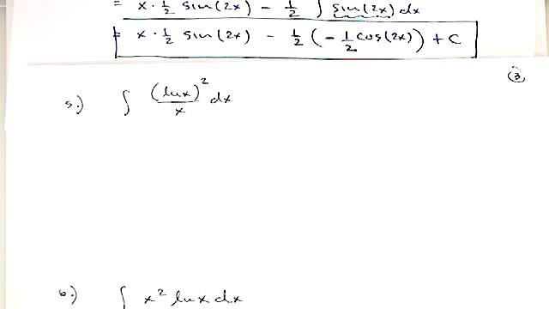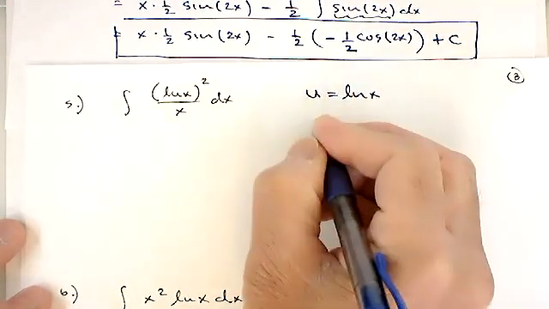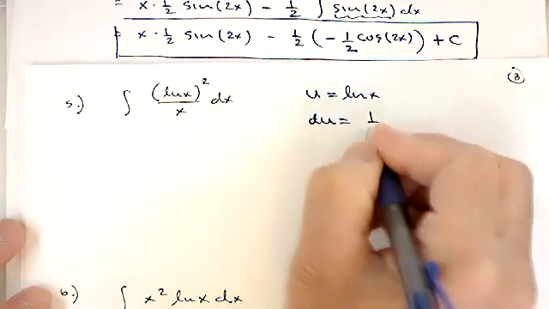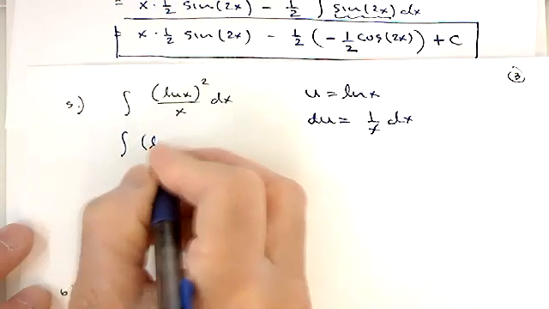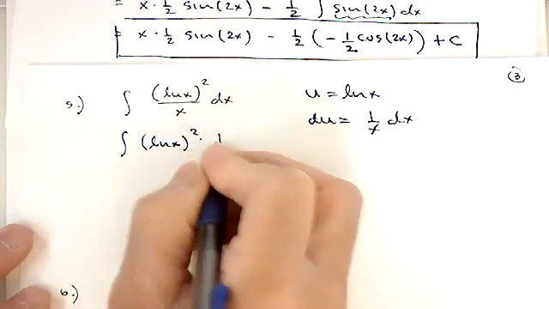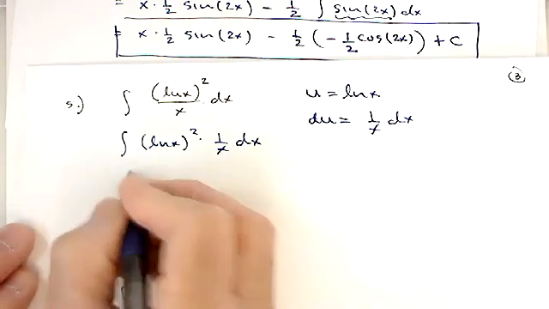Don't doubt yourself. You're right. Yeah, because with ln of x, that works out nice for u sub, because if I let u equal ln of x, the derivative is 1 over x dx, which shows up in here, right? If I just rewrite this as ln of x squared times 1 over x dx, then this is a perfect match.